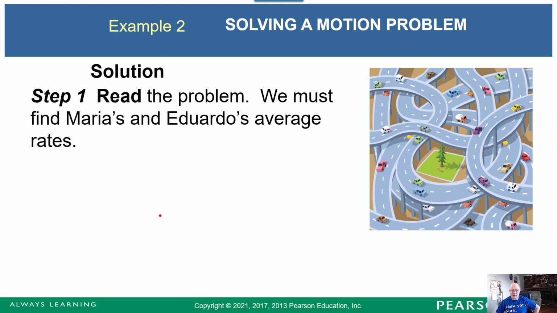Now here's a tip. This is what I use almost all the time, but depending on the problem, I might switch it up. So we've got 2 things we're looking for, 2 different speeds.